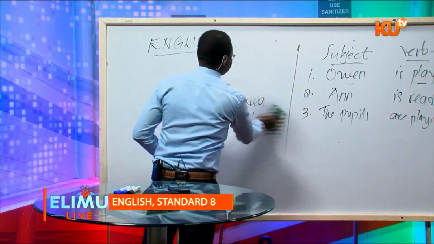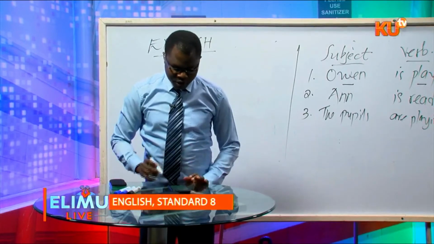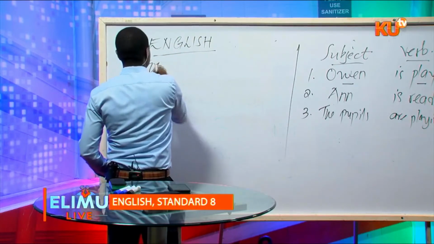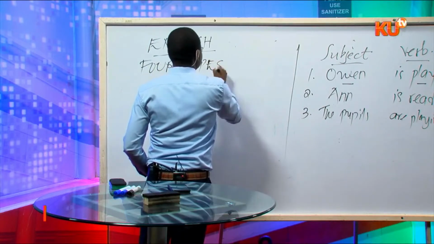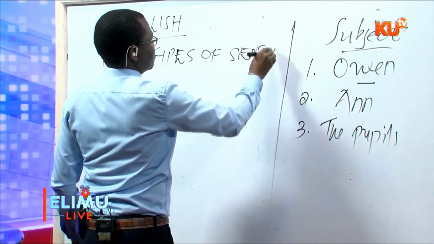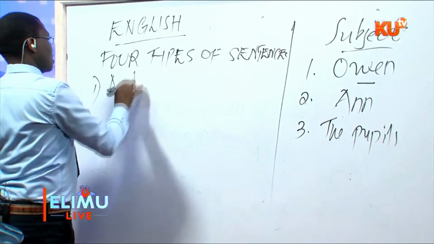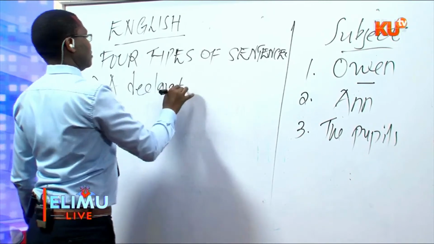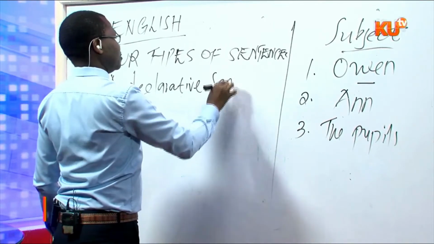The first type of sentence I want us to look at is what we call a declarative sentence.